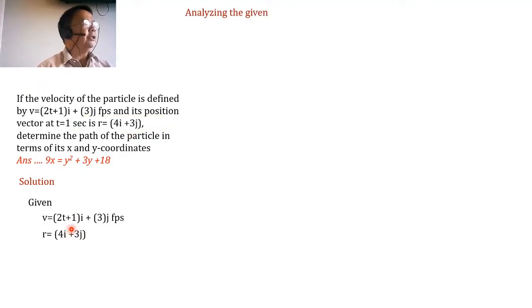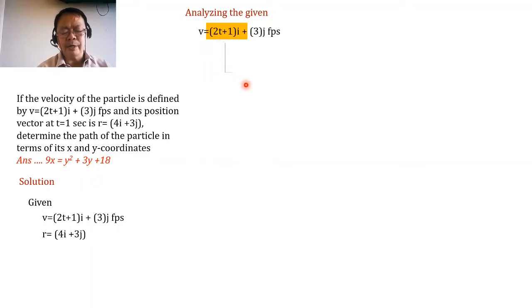And so, in order for us to solve the problem, siguro mas mabuti kung i-analyze muna natin yung mga given. So, puntahan natin itong given na v equals 2t plus 1i and then plus 3j in terms of feet per second. So, in this given velocity, this element that is 2t plus 1 serves as our x component of the velocity.